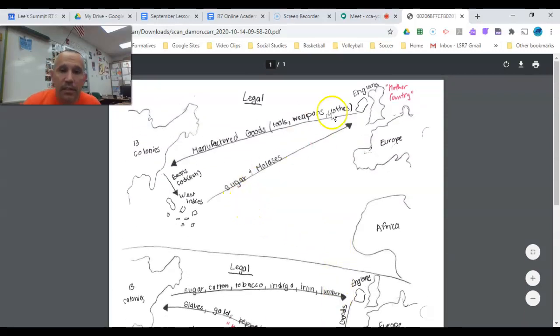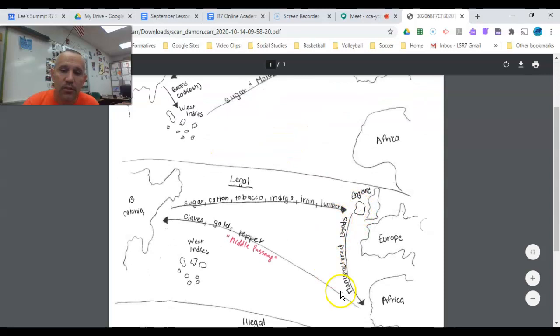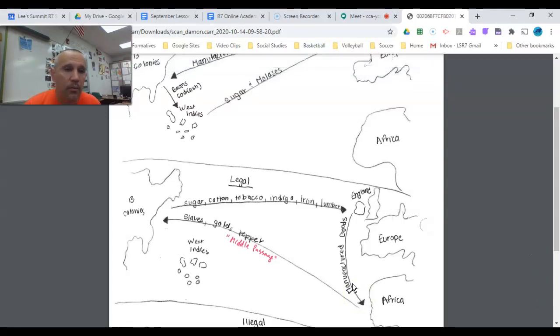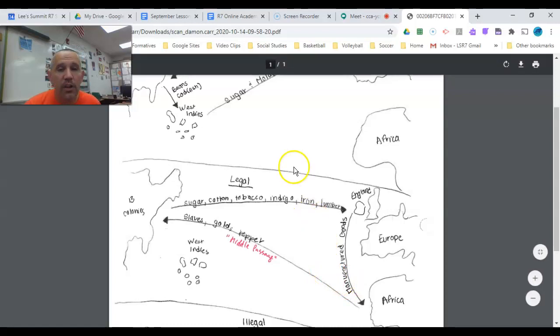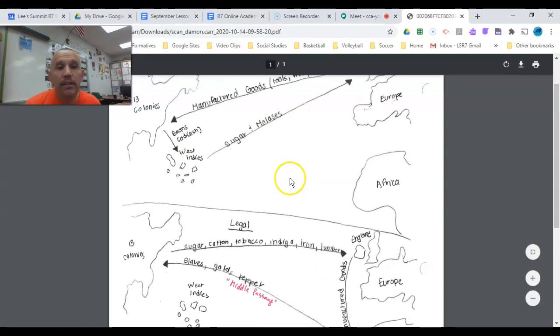Anytime you see something leaving England, it's manufactured goods. You see it here, and you also see it here going from England to Africa. So regardless of which way the arrow goes, the same products typically left England, Africa, and the West Indies. What changes on every single trade route is what is leaving the colonies. The colonies had an abundance of so many different products.